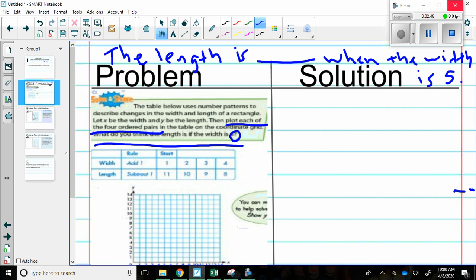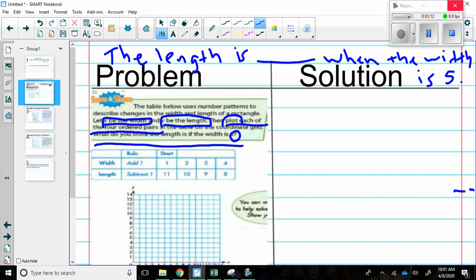Let's review the problem. The table below uses number patterns to describe changes in the width and length of a rectangle. Let x be the width, so x is the width, and let y be the length. Then plot each of the four ordered pairs in the table on the coordinate grid.